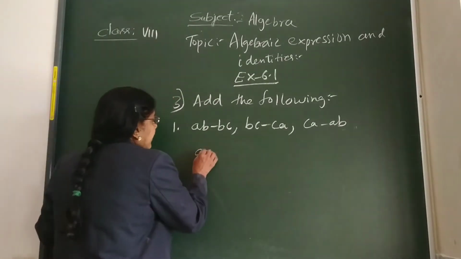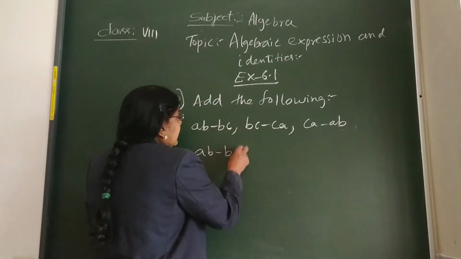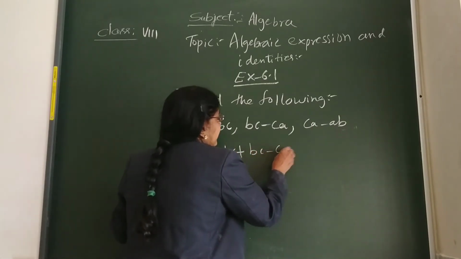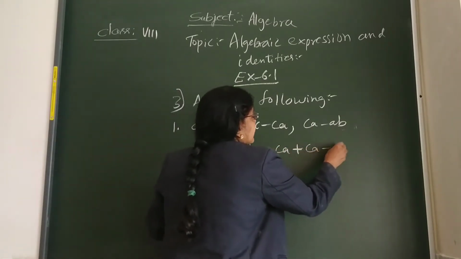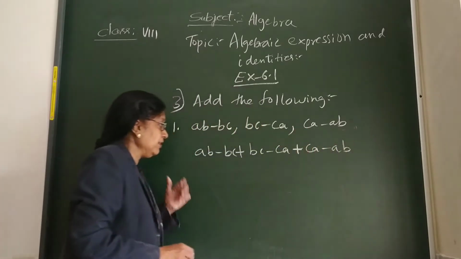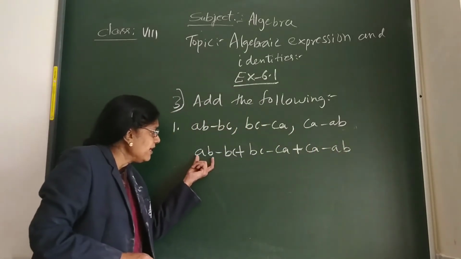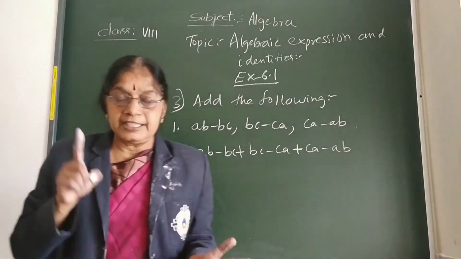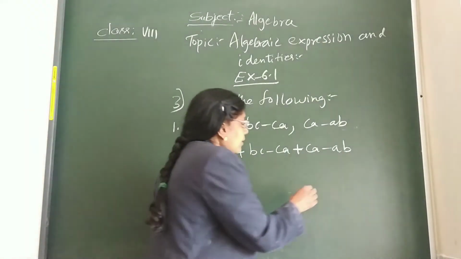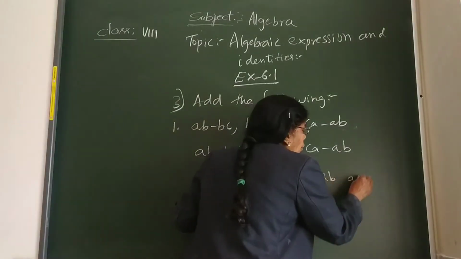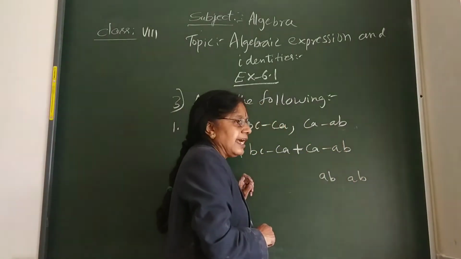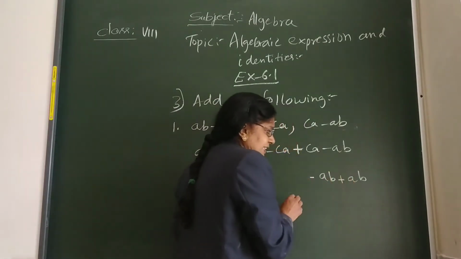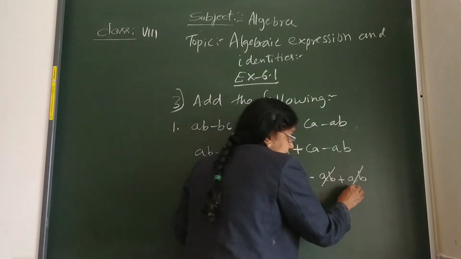If you take AB minus BC, in between them a plus sign, BC minus CA, in between them a plus sign, and minus AB. Now look here, AB is there and minus AB is there. In algebra, one rule is there: if two variables are the same with opposite signs, they will get cancelled.